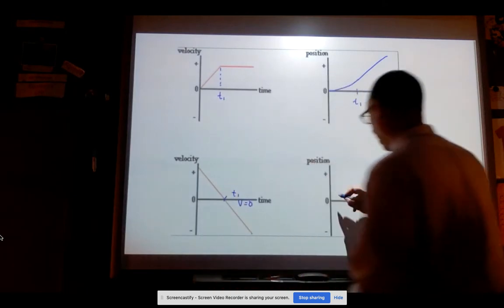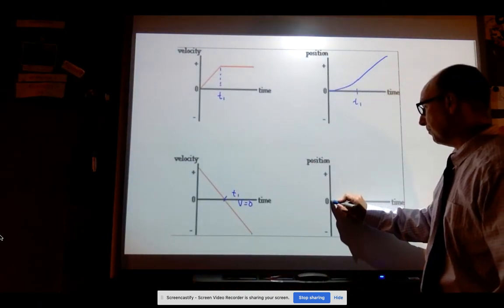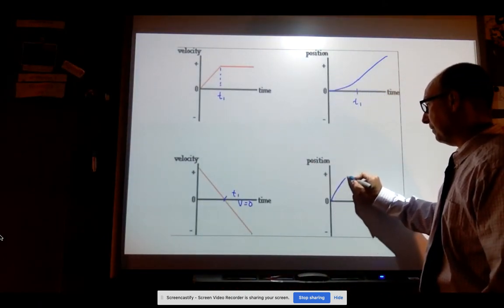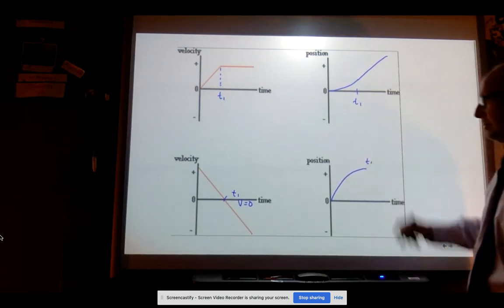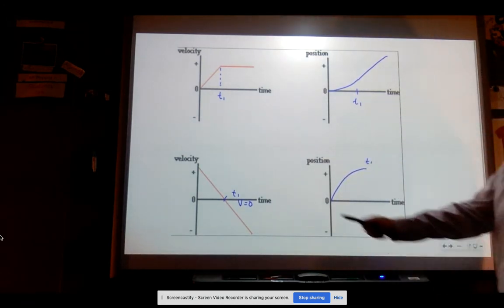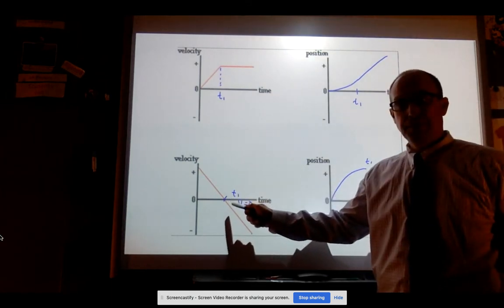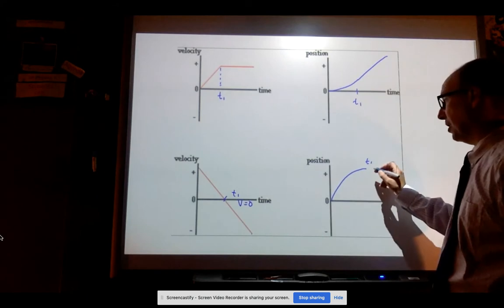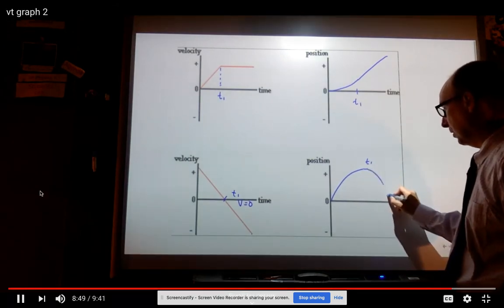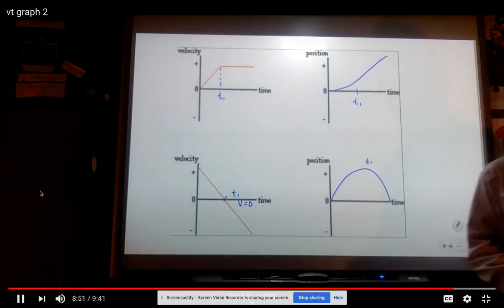So on this graph, it's going to start with a steep slope that's positive and end up at 0 slope at T1. Then it starts speeding up in the negative direction as it goes down. So this should start curving back down.